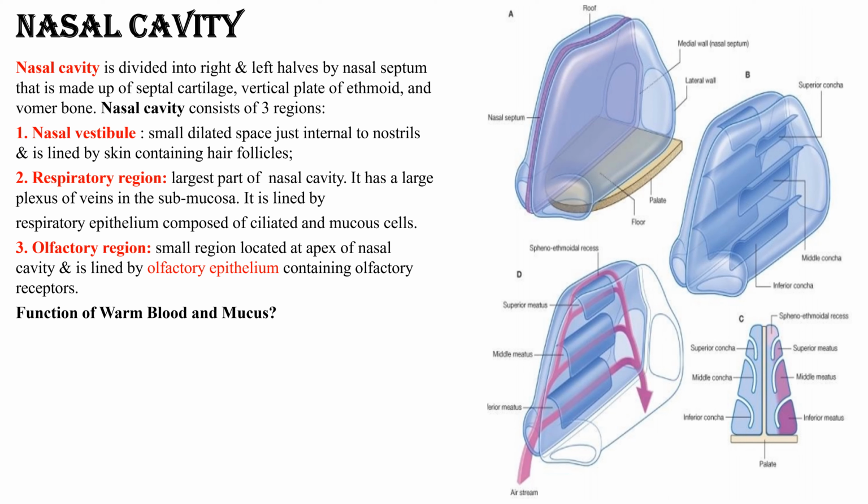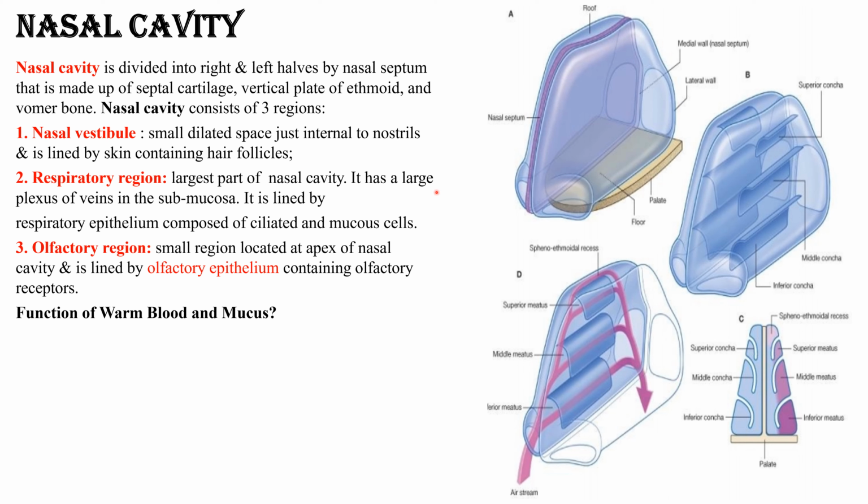So in the nasal cavity, what do we have? We have two functions. One is olfaction in the roof. Second, we have the air passages from the nose to the pharynx to the trachea, plus the nasal vestibule. So the nasal cavity is divided into right and left, separated by the septum. We have a nasal vestibule.